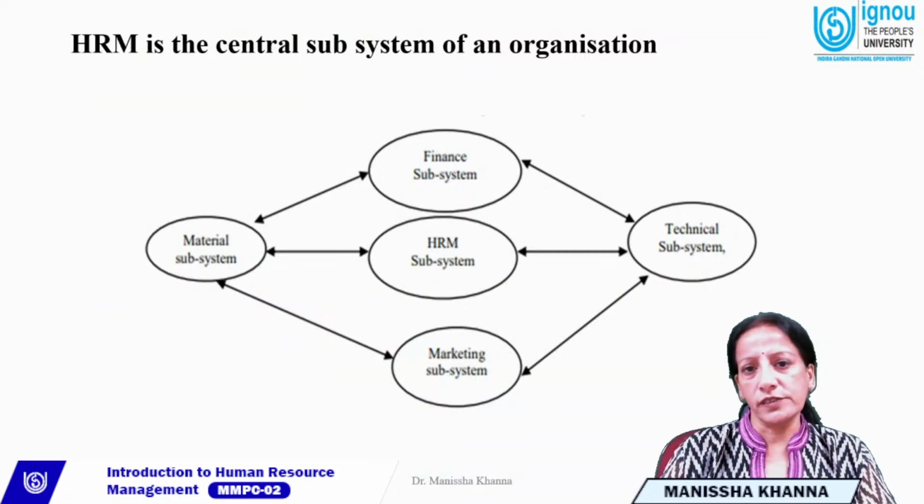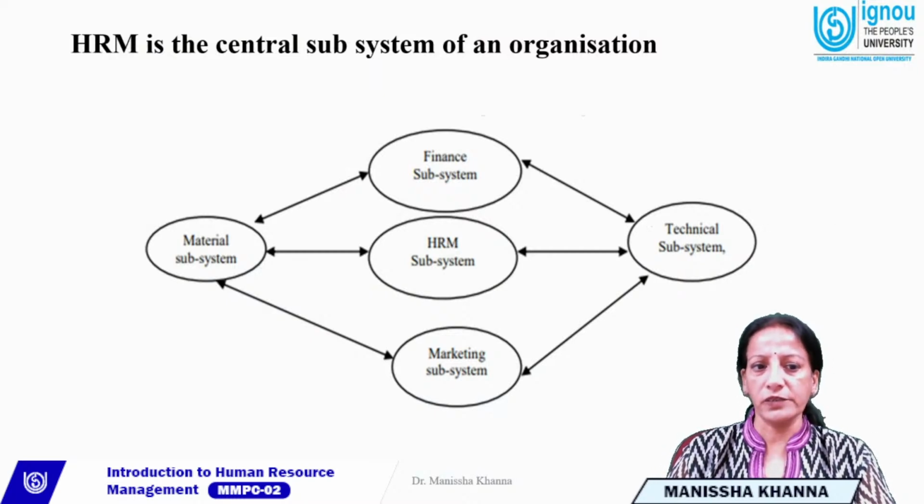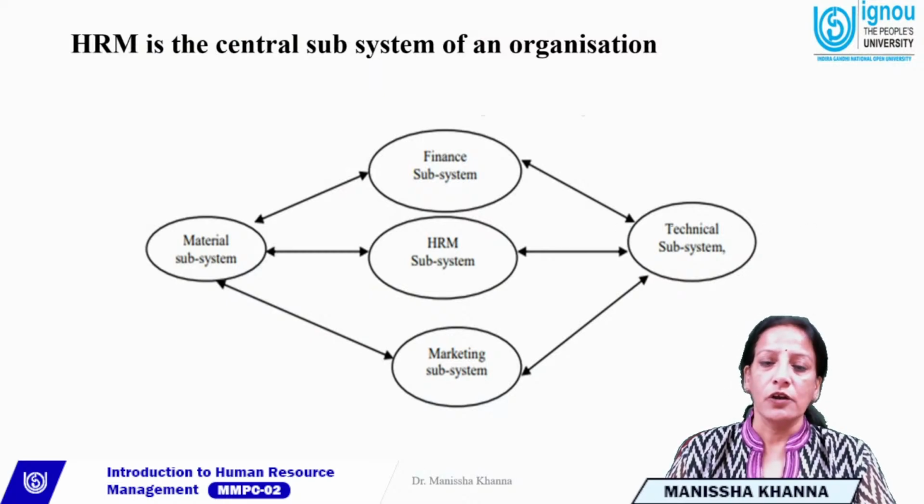HRM is the central subsystem of any organization. The HRM subsystem directly connects with material subsystem, technical subsystem, and marketing subsystem. Material subsystems is directly connected with finance, because whenever we talk about the material, the assets of an organization, it directly relates with financial aspects of an organization.